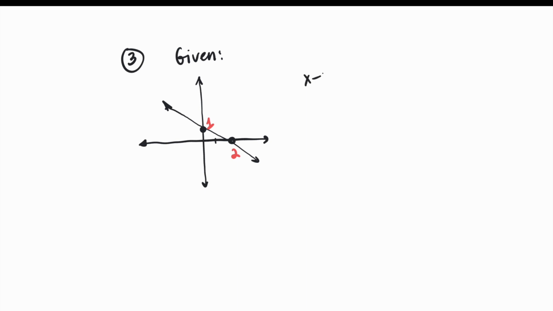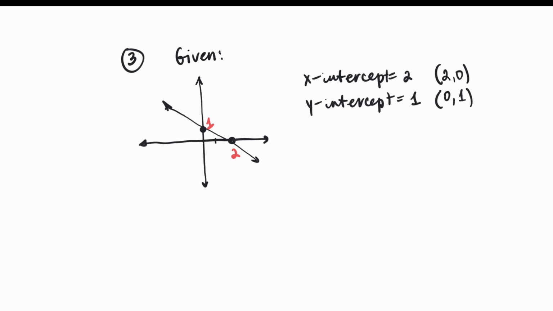So you know that the x-intercept is 2, or if you wanted to write it as a point, it would be 2, 0. And then the y-intercept is 1, and if you wanted to write that as a point, it would be 0, 1. And then the question becomes exactly the same as the previous question.